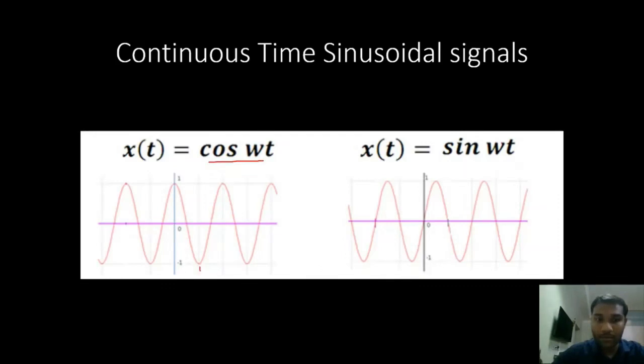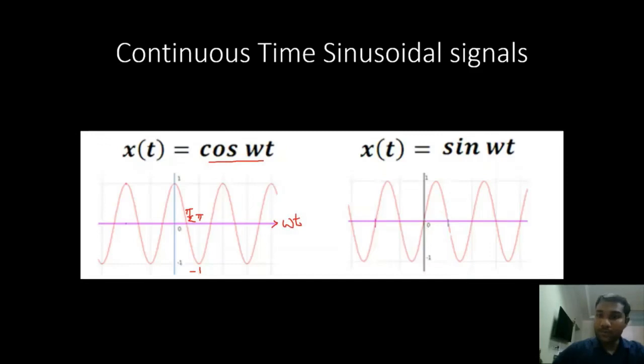At pi by 2 we have 0, and it is -1 at pi. This is omega t.